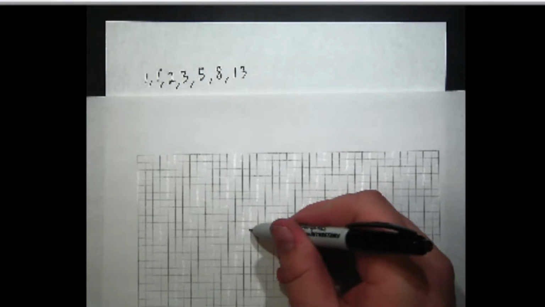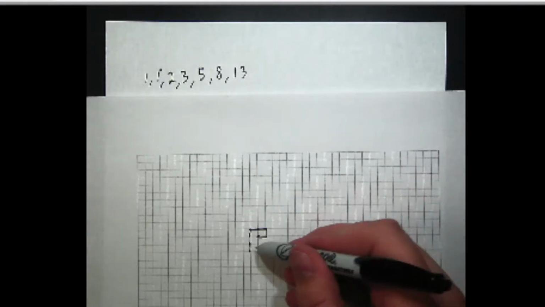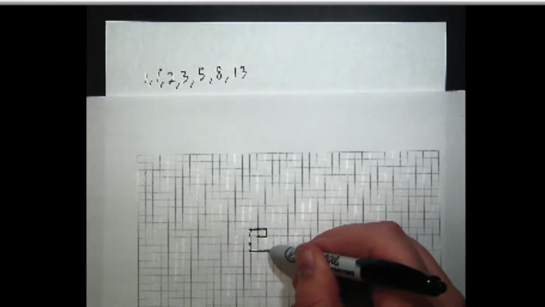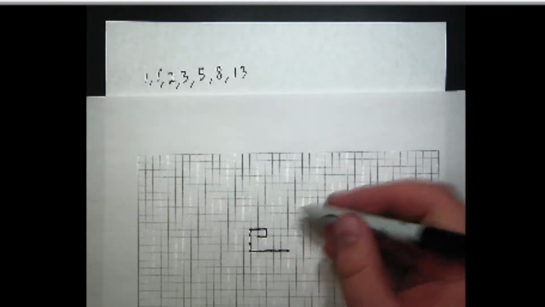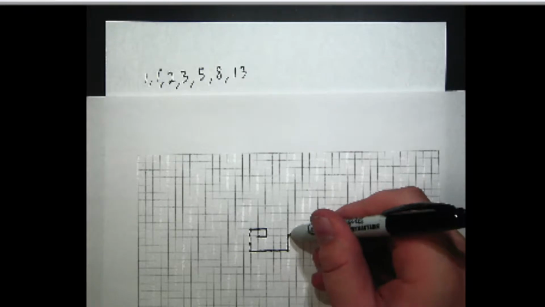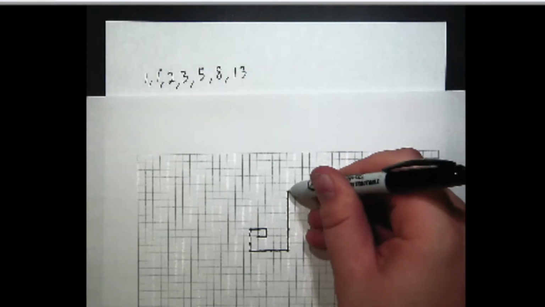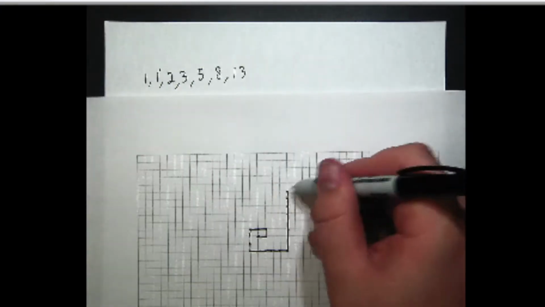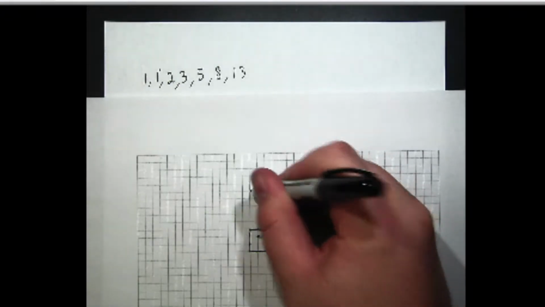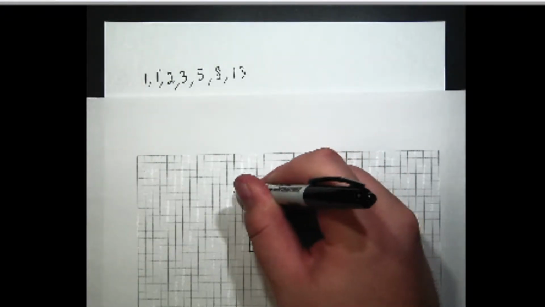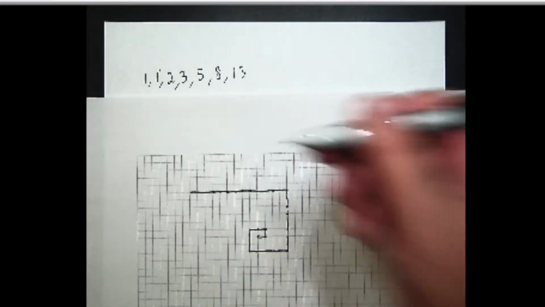Again, turn 90 degrees. 1, 2, 3. Turn 90 degrees. 1, 2, 3, 4, 5. Turn 90 degrees. 1, 2, 3, 4, 5, 6, 7, 8. Again, turn 90 degrees. 1, 2, 3, 4, 5, 6, 7, 8, 9, 10, 11, 12, 13.